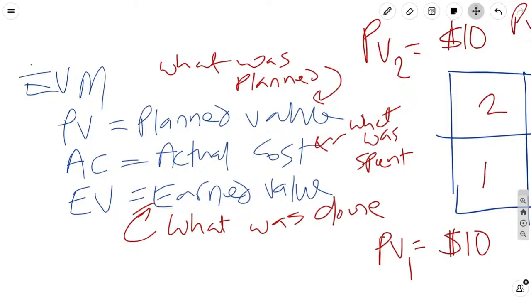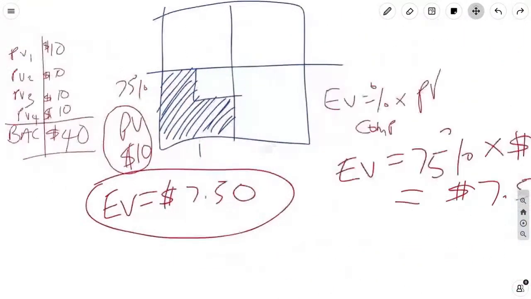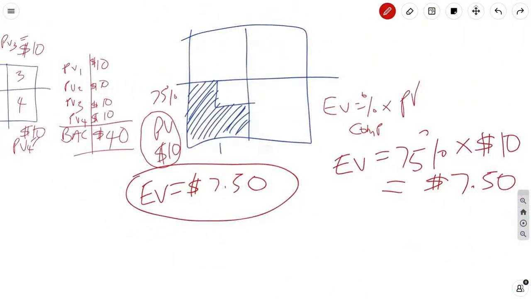Now, if it's not given to you in the question, there is a way of you working it out based on whatever variables you're given. But for the sake of this illustration, we are going to say, assume the question gives you the actual cost. And it says, at the end of day one, you have spent $12.